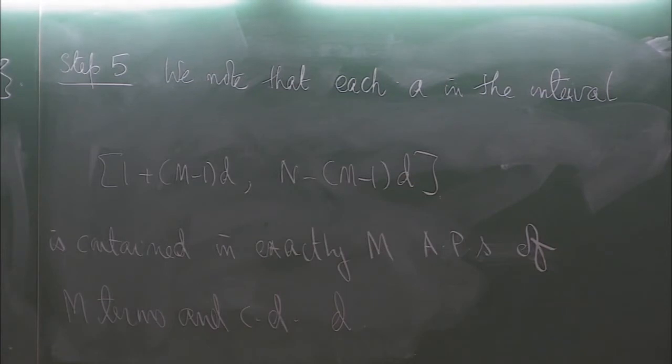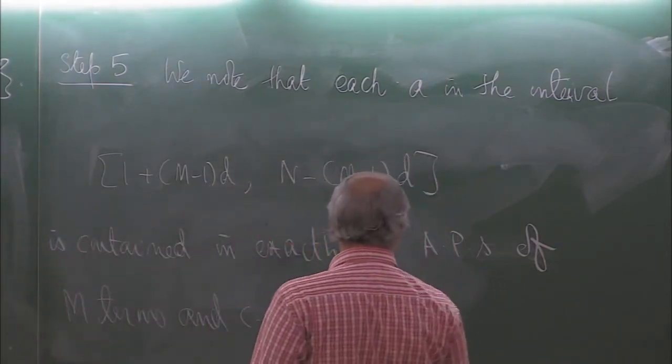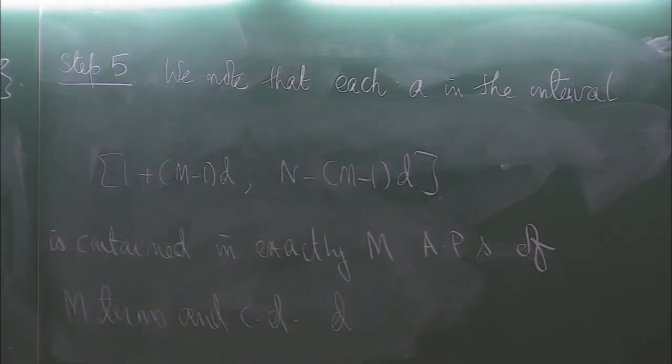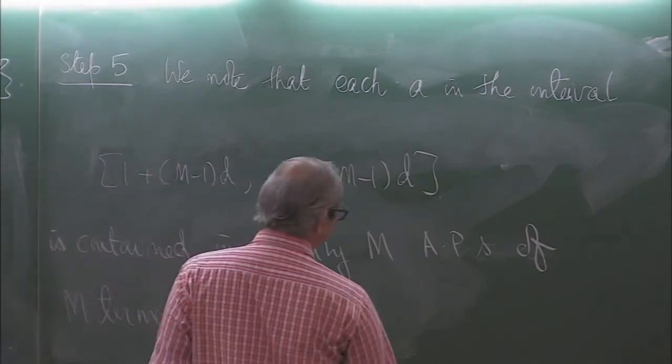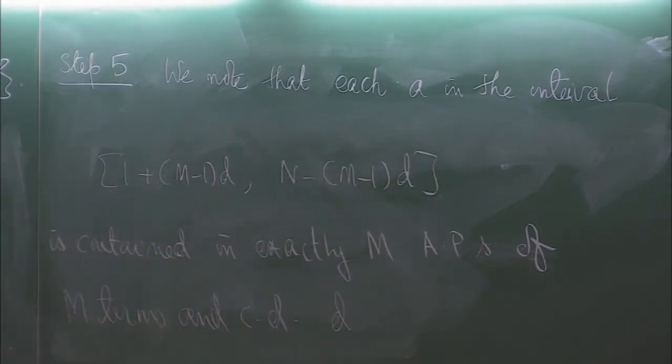And you see from these numbers that these exactly m-term APs arise because of the fact that you can start from a. So maybe I should just draw it here.